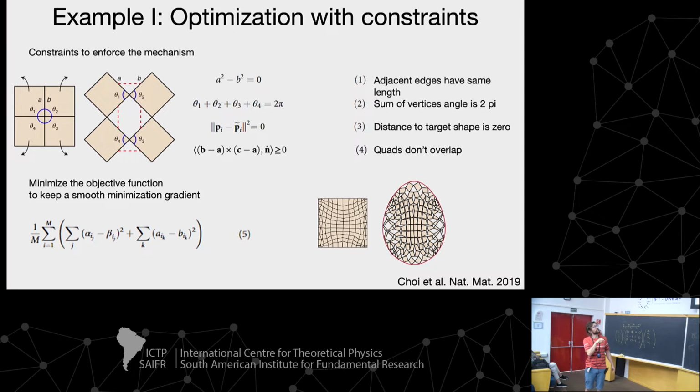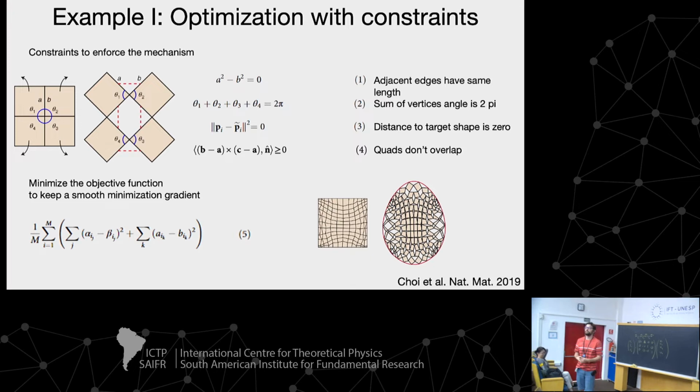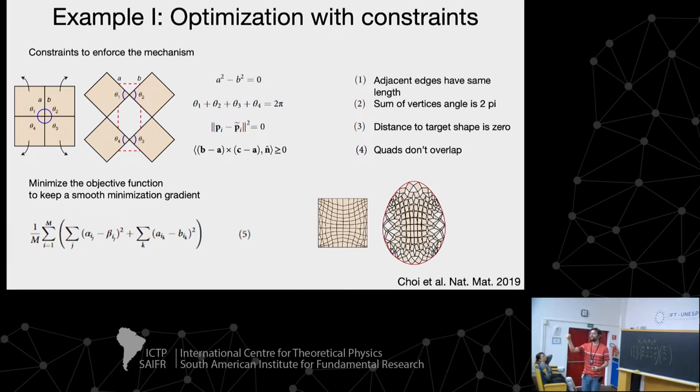So that's really what they minimize, given all those constraints, with some extra smart trick to have a smooth gradient to optimize, not something that's very rugged. Doing that, they did a very basic optimization, and they could show that you can get on-demand shapes. So to me, that was one of the first examples where you program the shape that you want, and then somehow you have a MATLAB code that does it for you.